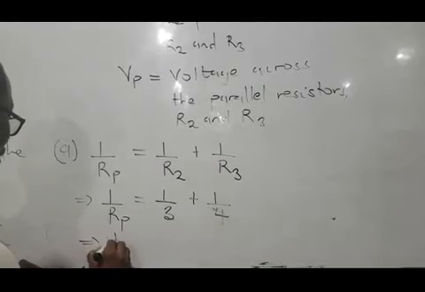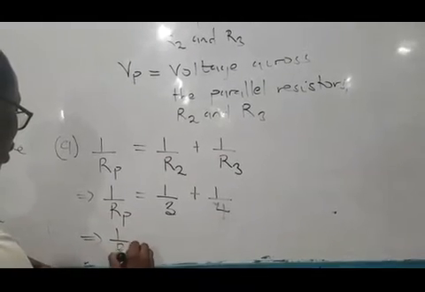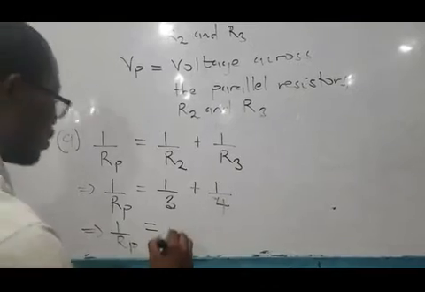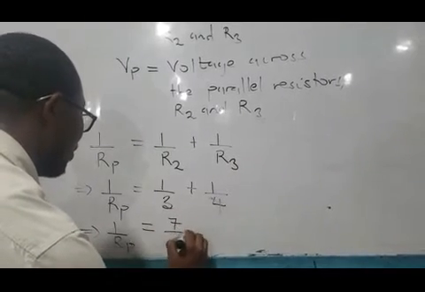You're going to have 1 over RP equal to 7 over 12.